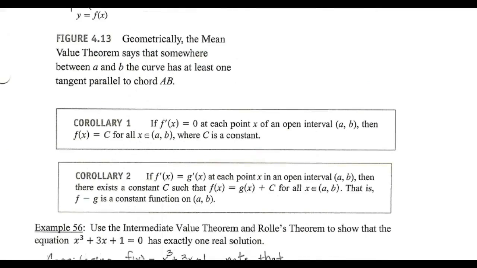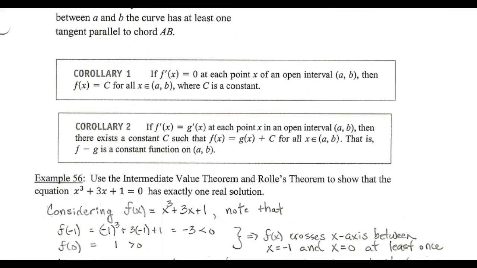All right, so those are the ideas. We have a couple corollaries that go along with those. If f prime of x equals 0 at each point x of an open interval, then f of x has to be a constant, because if f prime of x equals 0, we know that the function has to be a constant for all x, right? Because f of a equals f of b everywhere in there. They're always the constant.